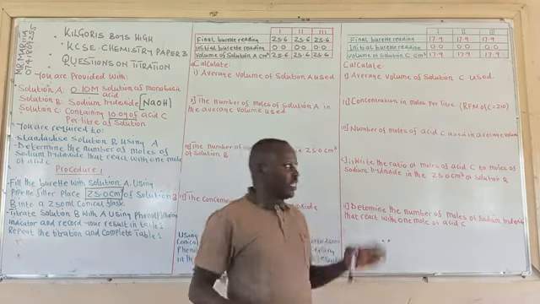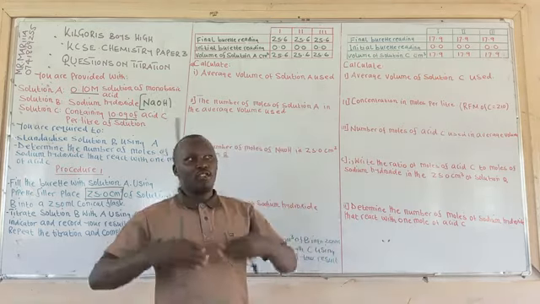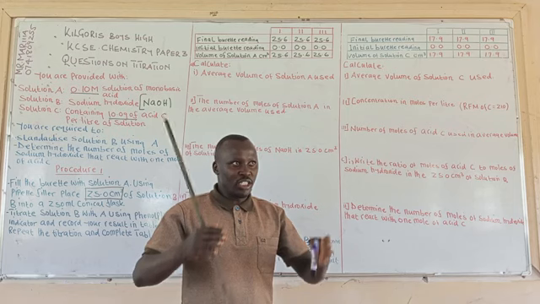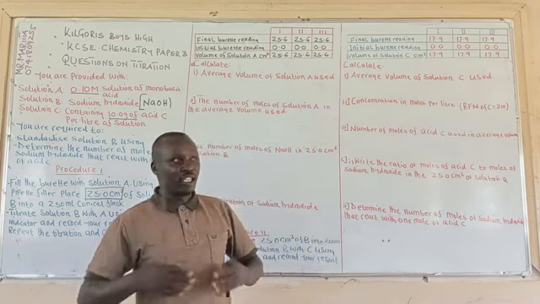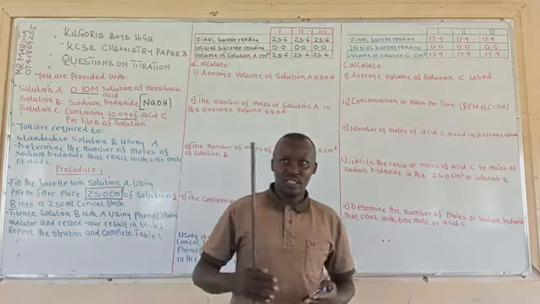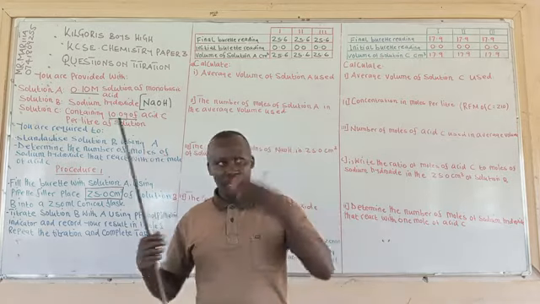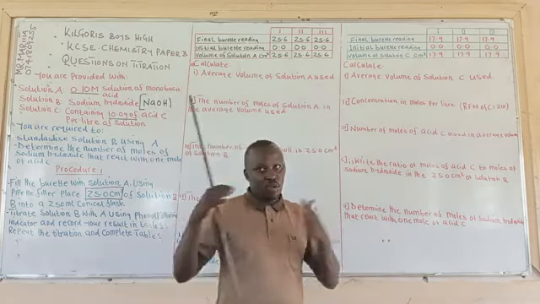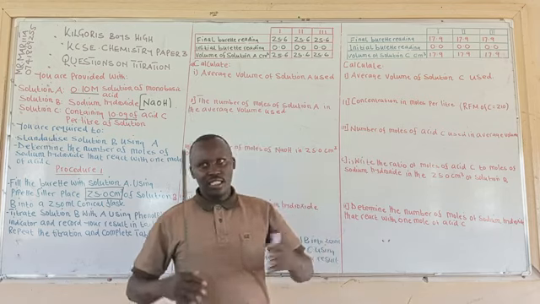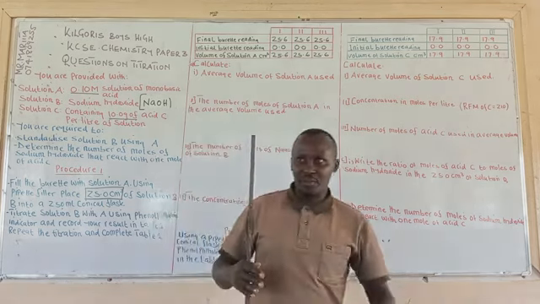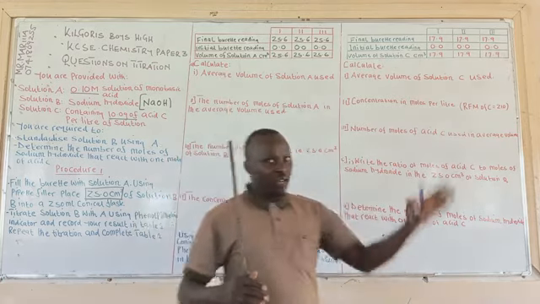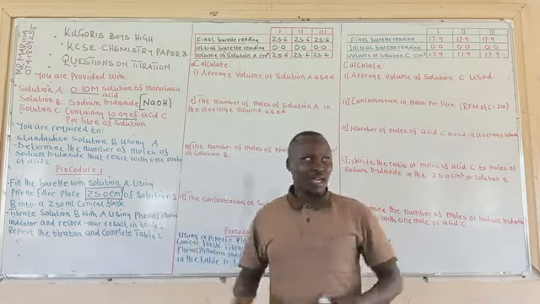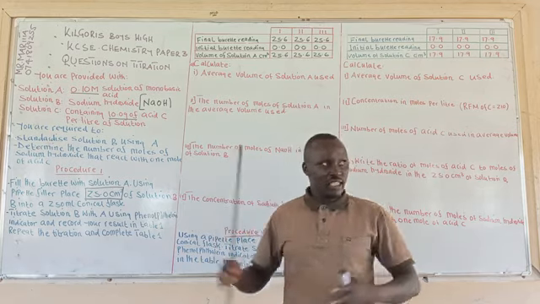So when you are calculating the number of moles, here you need to recall the mole concept in Form 3, and the formulas which are used to calculate the number of moles. There are normally two major formulas. The number of moles you can calculate by taking the mass given and dividing by the relative molecular mass, or in this case you can take the concentration.